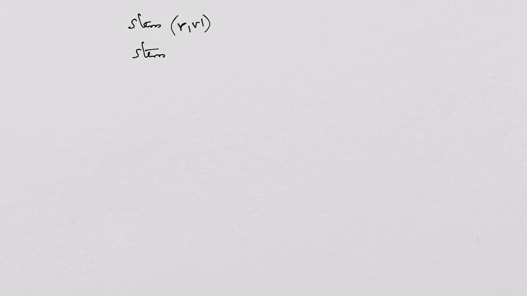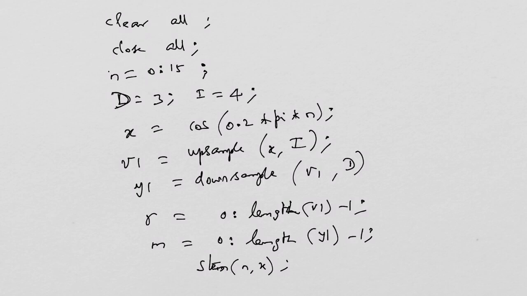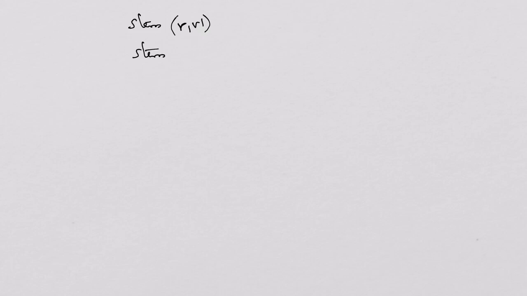One is n is equal to 0 colon 15. The second one is r, 0 colon length of v1 minus 1. M is equal to 0 colon length of y1 minus 1. So let me plot. The first plot is over n comma x. Second plot is r comma v1. The third plot will be m comma y1.